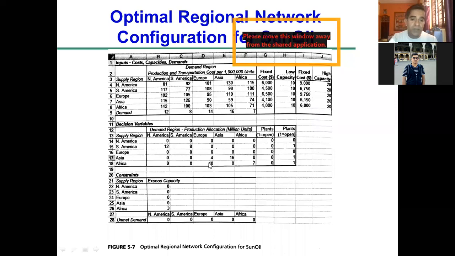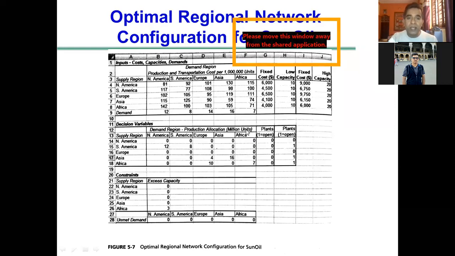Third is production capacity. All the 3 plants will have the production capacity of 20 million units. So all the 3 decisions are met. That is what we began with.